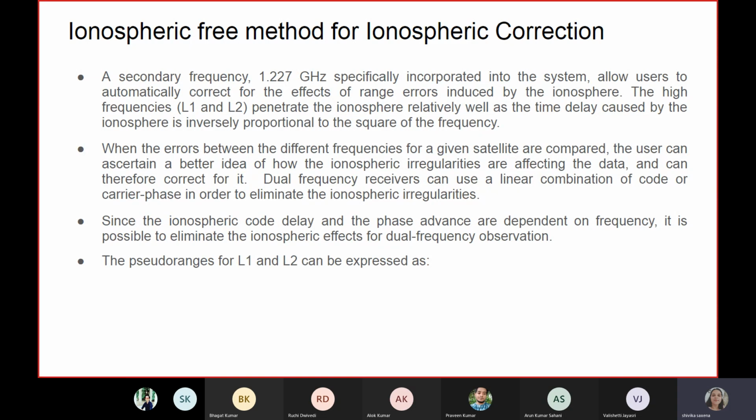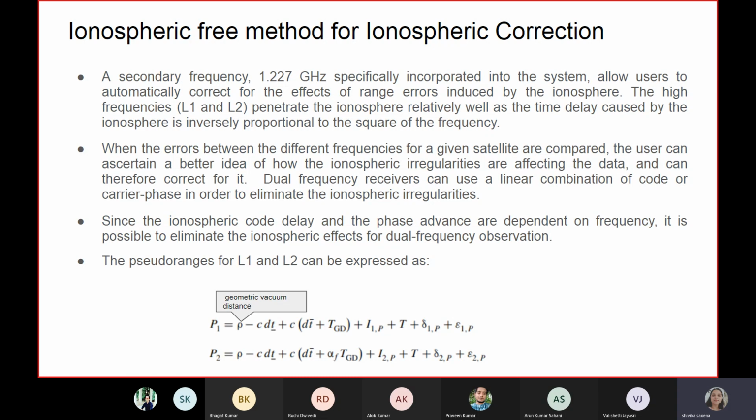So how to write the pseudo ranges for L1 and L2? We have already seen these two equations before. First is the geometric vacuum distance, that is geometric range rho, then receiver time error, then satellite time error, then satellite code phase offset, then ionospheric P code delay at L1, with 1 as subscript, as well as P for the P code.